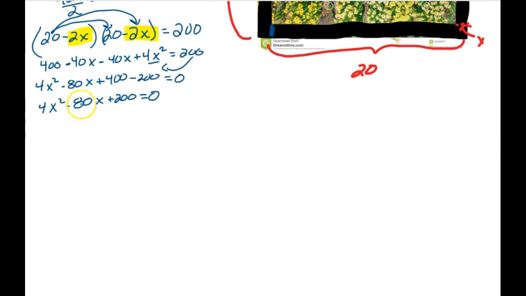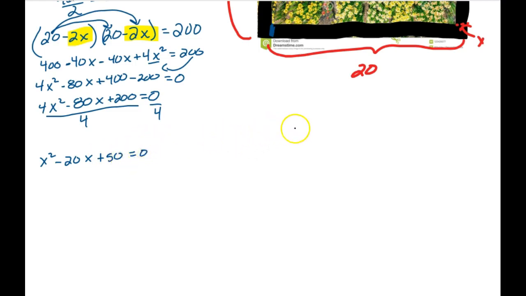Looking at this, everything here can be divided by 4. So I'll divide both sides by 4, because what you do to the left side of an equation, you do to the right side. So 4x squared divided by 4 is x squared. 80 divided by 4 is going to give you 20. Remember, it stays negative. We haven't affected that. And 200 divided by 4 should be 50.